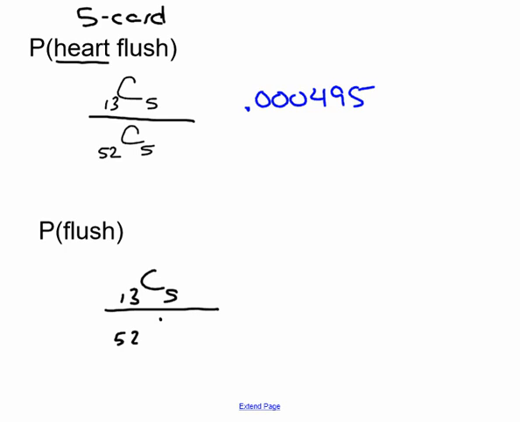We could do this with hearts, clubs, spades, or diamonds. That's 4 of them, so we could do this with any one of our suits, so we'll just take that times 4. Some people write this as 4C1 because it doesn't matter which kind you want. But this is all it is, so we would just do that times 4.